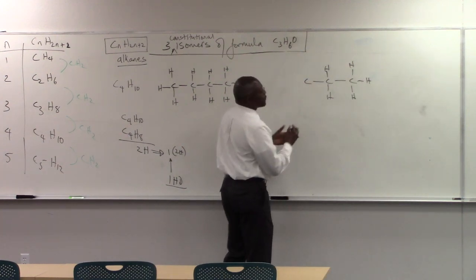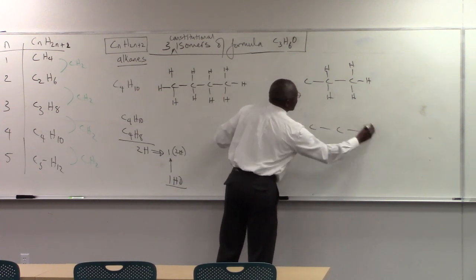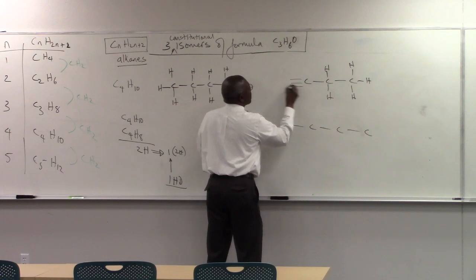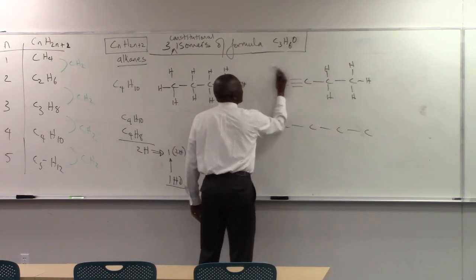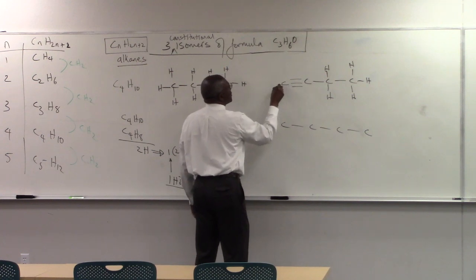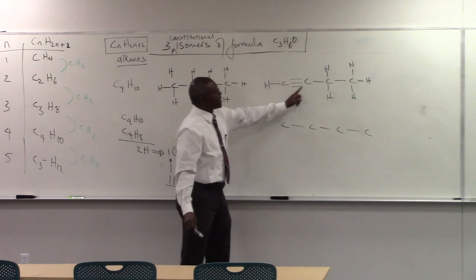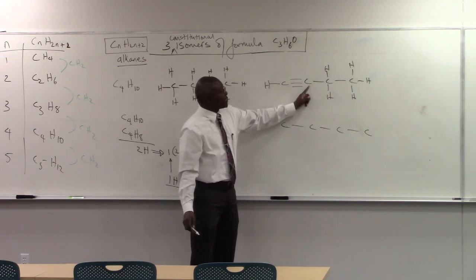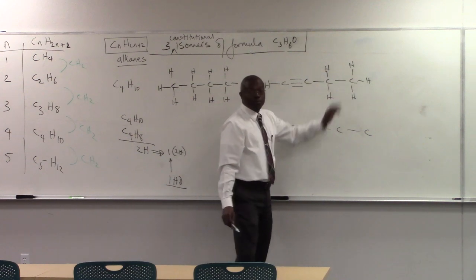We'll do the same thing we did the first time. We have the C skeleton. Let's put a triple bond between carbons 1 and 2, and let's complete the valences of the carbons with H's. So I can put an H on this carbon, but none on that, because it's already tetravalent, 1, 2, 3, 4. We haven't messed with those.